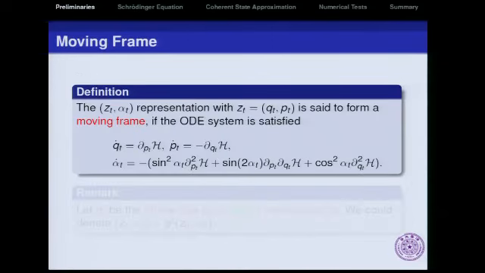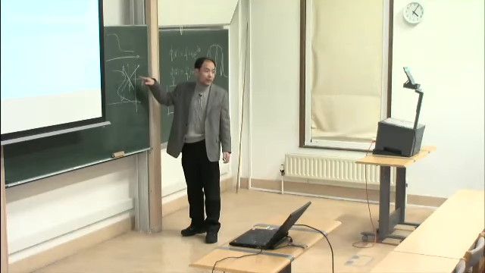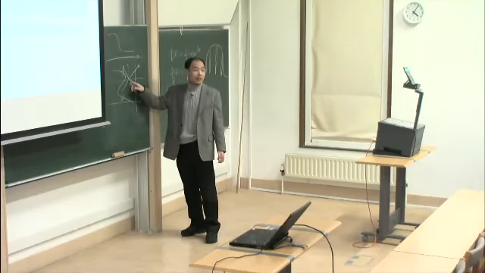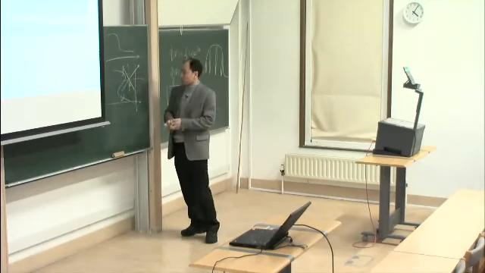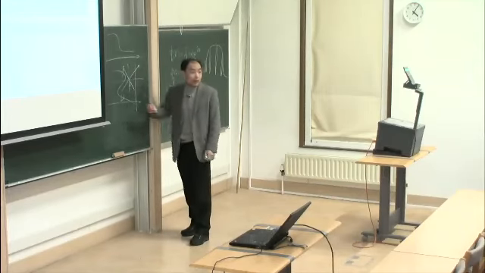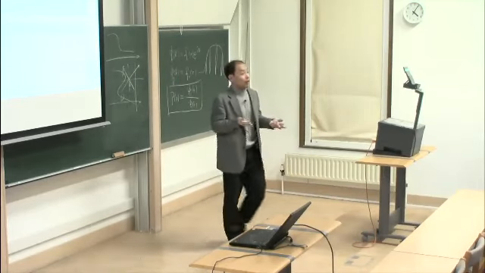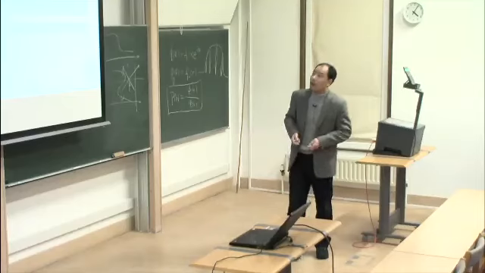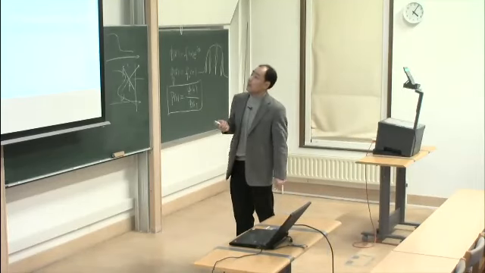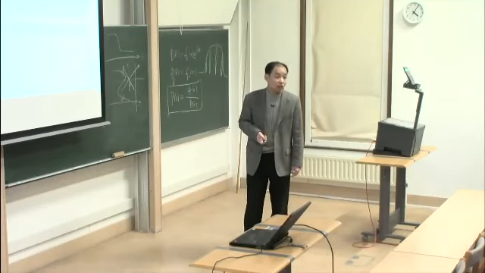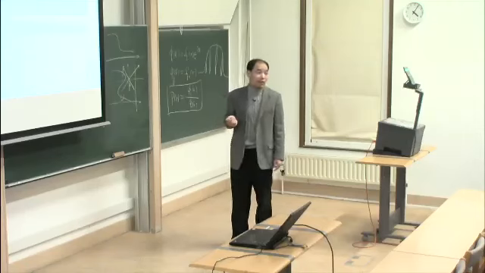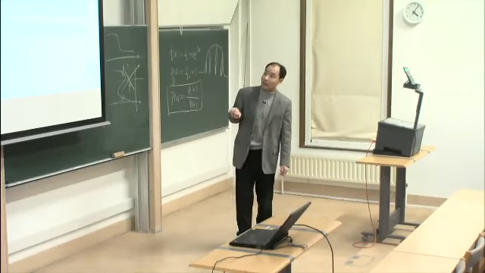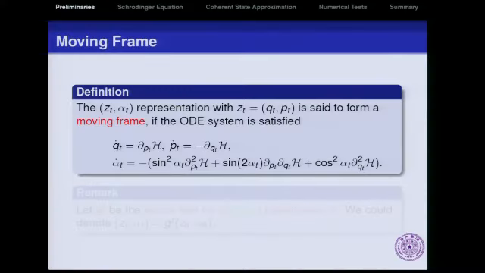So I would have to define the so-called moving frame. What's a moving frame? Just now I introduced the fractional representation, right? You determine a phase point, and given a direction angle, you get a fractional representation. Now, given a Hamiltonian, if you change this frame according to the Hamiltonian flow, then I call it a moving frame.